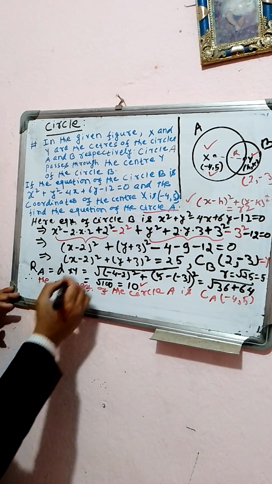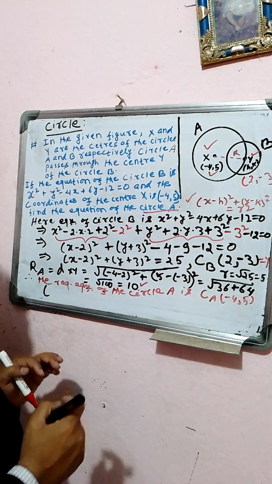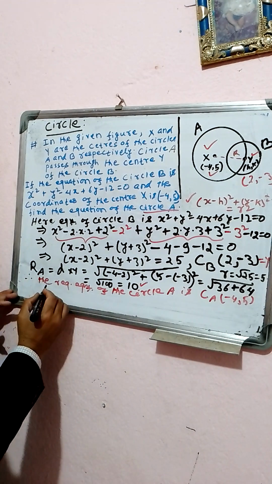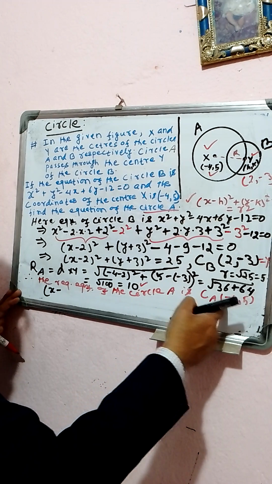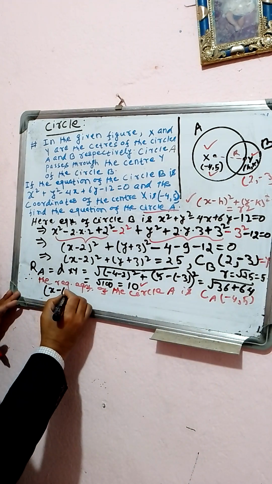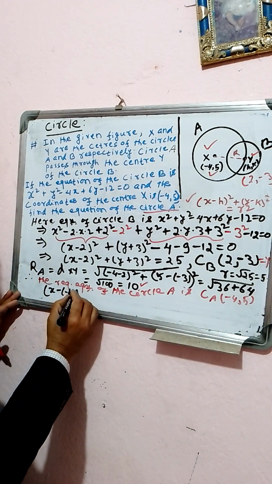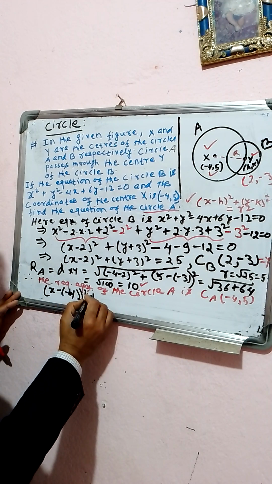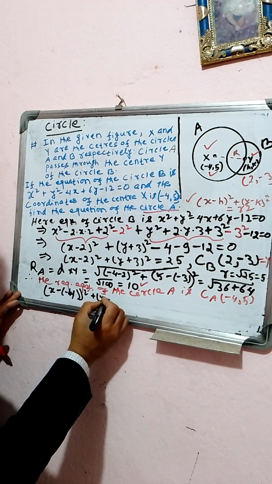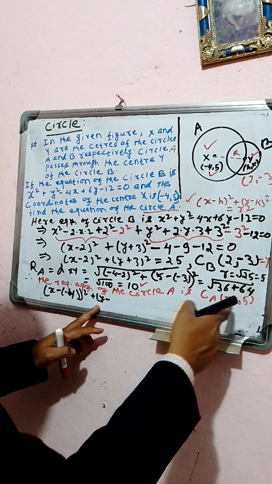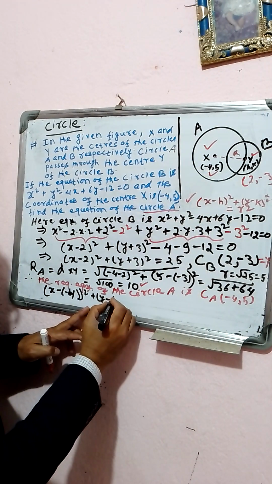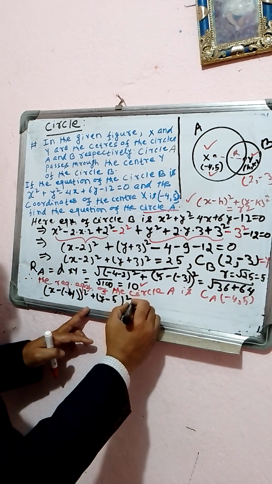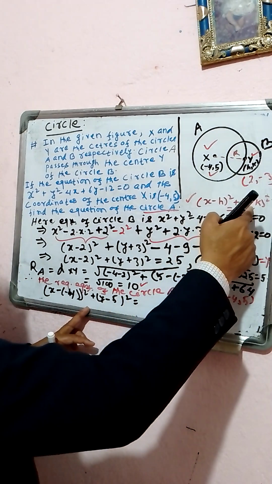If you are using the general formula of the equation of the circle, then it is (x minus h) square, where h is negative 4, so you write here x plus 4 and then square, plus (y minus 5) square, the other point at the center of A, and that is equal to R square.